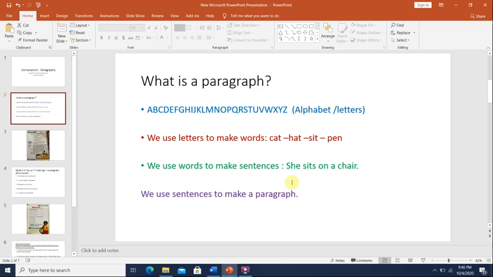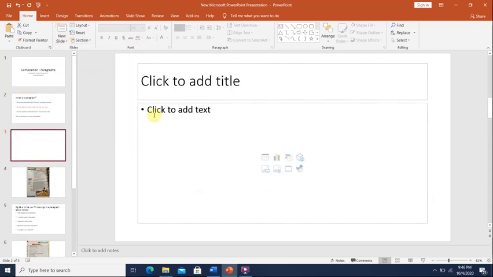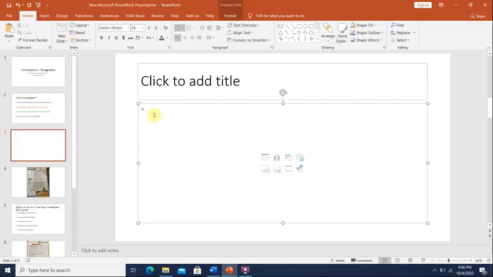Okay, like for example, if I say, yesterday I went to the pet shop. I went with my dad. Yesterday I went to the pet shop with my dad. I saw many animals. Okay, and I played with a puppy. Okay, let's write these sentences.